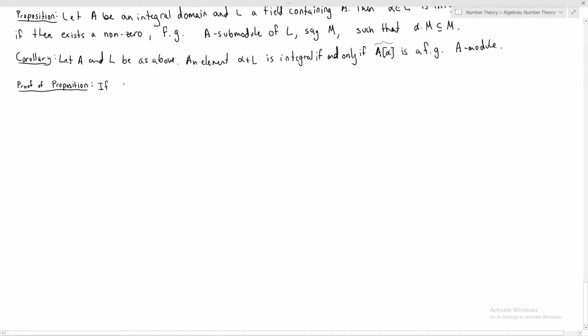If alpha in L is integral over A, I can find some monic polynomial with coefficients in A that it satisfies. Assume, let's say, alpha to the n plus a sub n minus 1 alpha to the n minus 1 plus dot dot dot plus a naught equals 0.